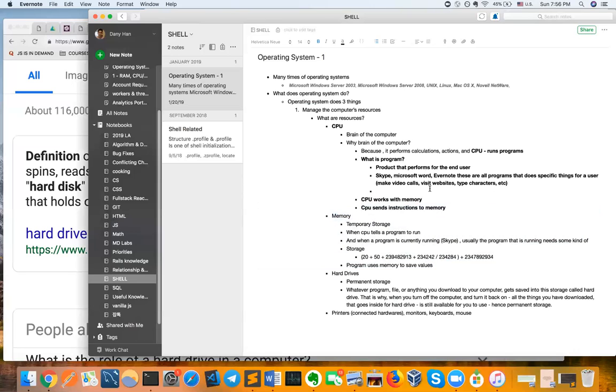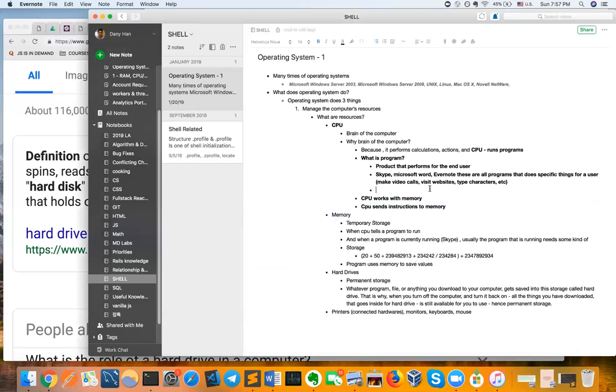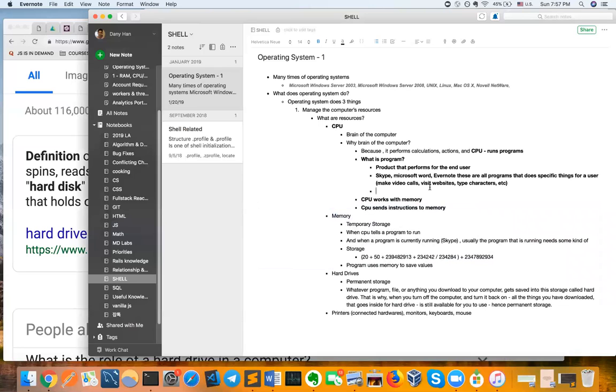The CPU runs programs and works with memory, which means it runs programs and also helps the program run itself and use memory. And hard drive is permanent storage. We talked about that. And then we have hardware like printers, monitors, keyboards, and mouse.